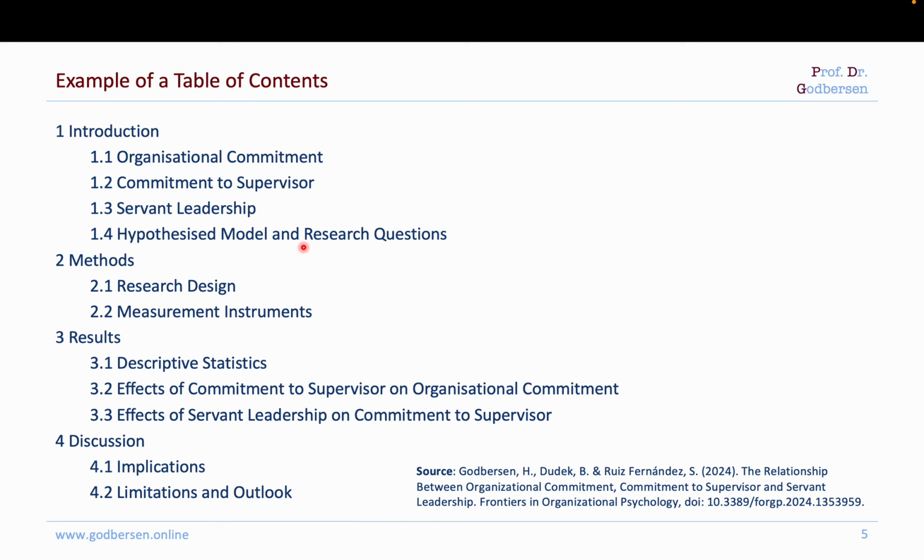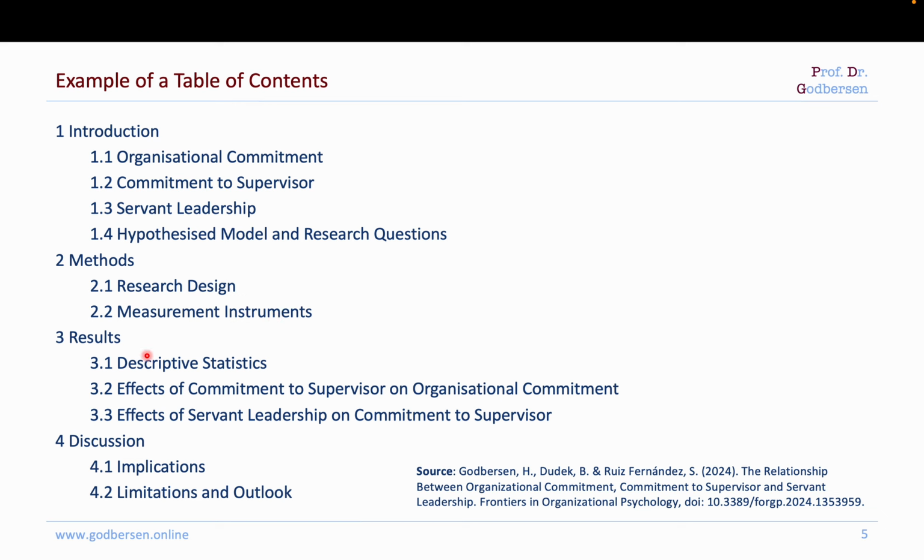From this, we deduced a hypothesized model and the research questions. Then research design under methods, the first subsection, where we pointed out it was an online questionnaire. We collected the data during this time. This is how the sample looked, and so forth. Then we explained how we measured organizational commitment, commitment to supervisor, and servant leadership, and how we analyzed the data.